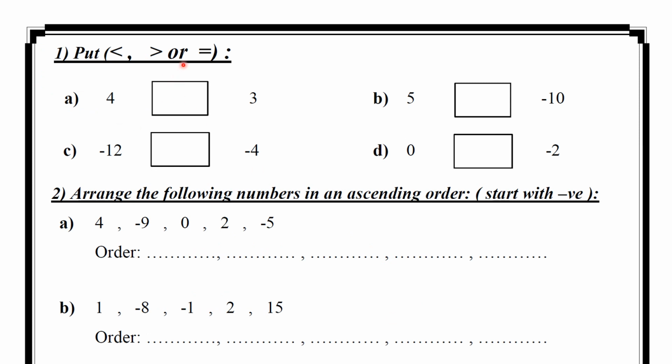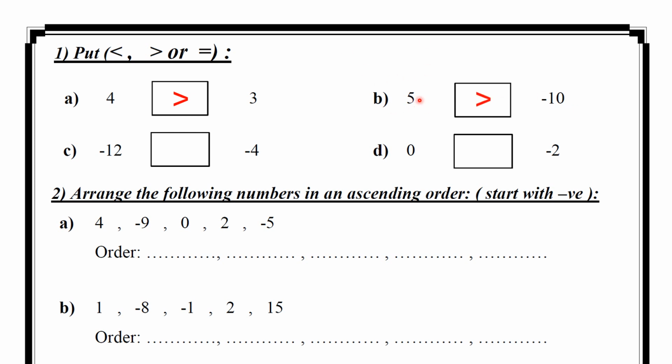Put bigger than, smaller than, or equal. In letter A, we have 4 and 3. We have here 4 is a positive integer and 3 also a positive integer. So they are smart. So which number is bigger? The 4 is bigger. In letter B, we have 5 and negative 10. So for sure, which is bigger? 5.